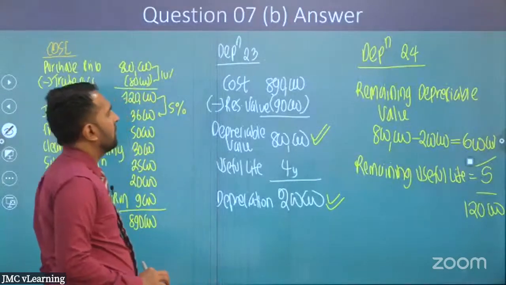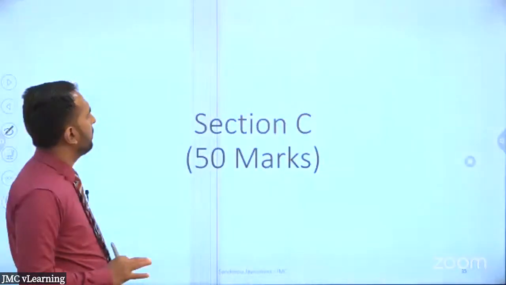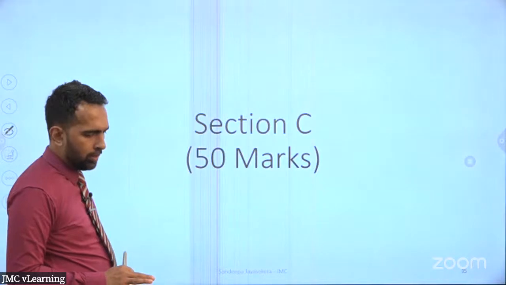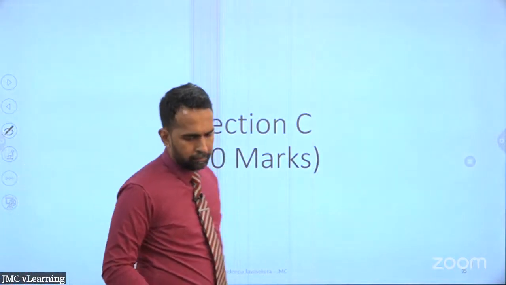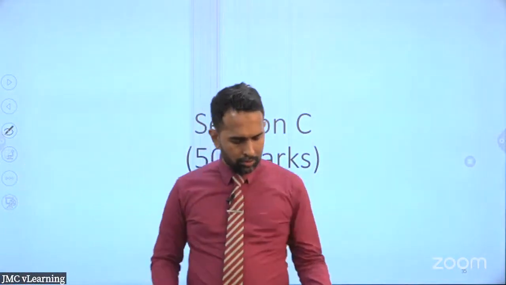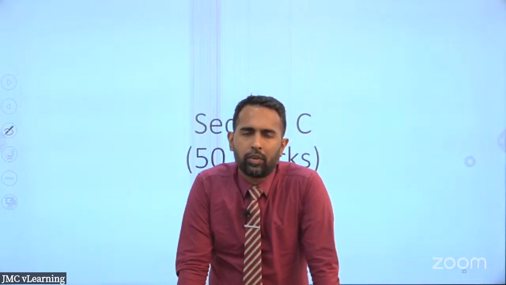So 50% of your paper has been completed, right? Now we have to decide on what we are going to do. You have 3 questions left, which marks another 50%. One is the company accounts, the ratio question, and the consolidation.